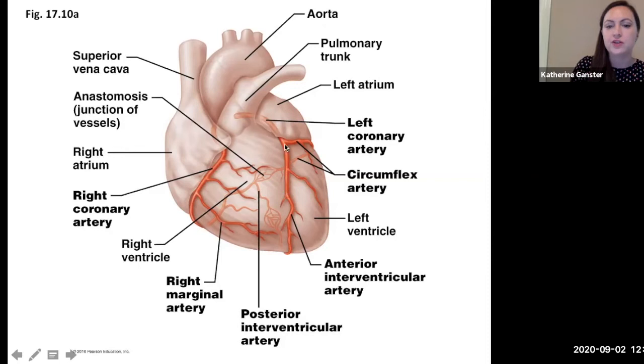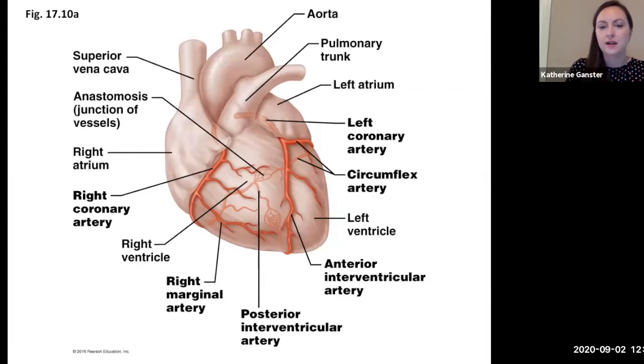It's referred to as the LAD, L-A-D, and what that stands for is left anterior descending. So left because it's coming off of the left coronary artery, anterior because it's on the anterior surface of the heart, and descending because blood's descending downward. So left anterior descending artery.